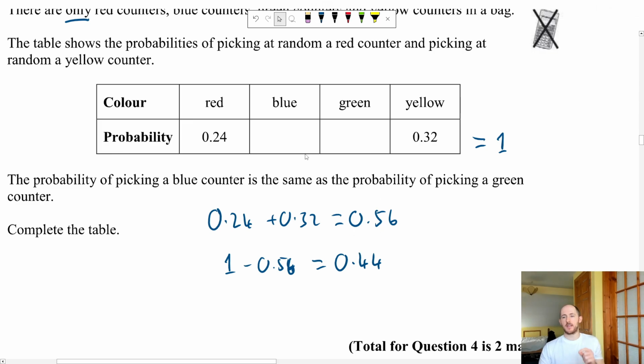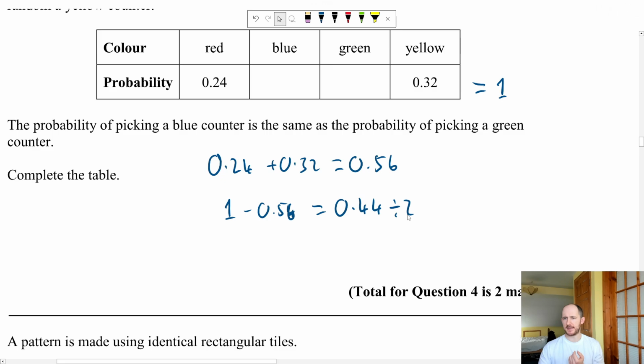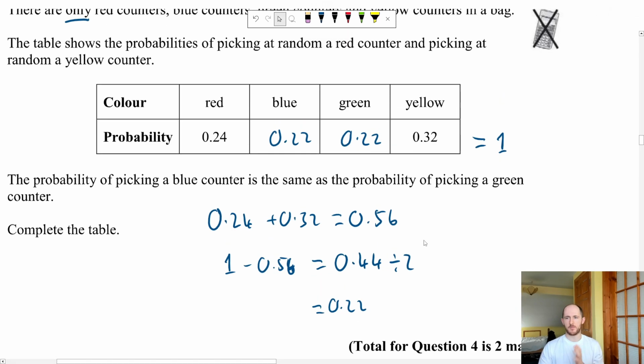But because they have the same probability, all we have to do is divide it by 2. And then that will give us our answer. So that gives me an answer of 0.22. So there and there. Okay, so you can remember probabilities always add up to 1, and if they have the same probability, you can just halve whatever the answer is, and it's equal.